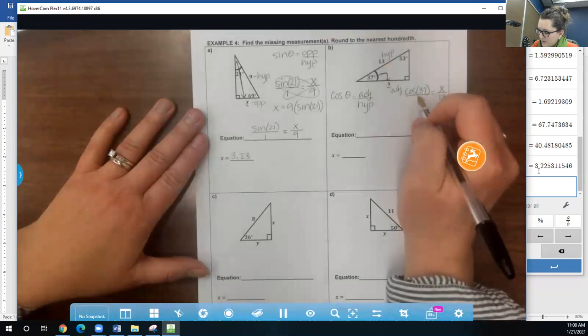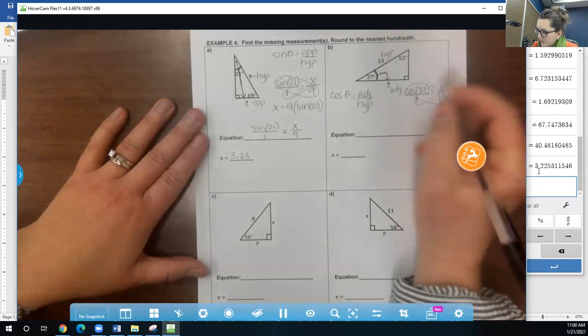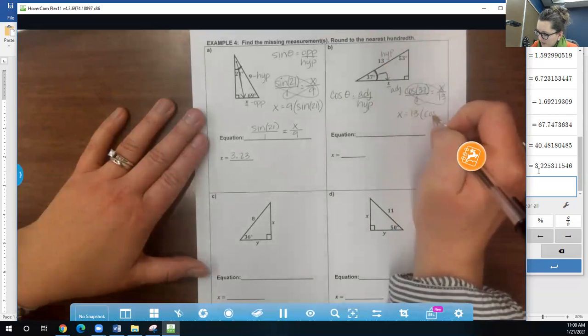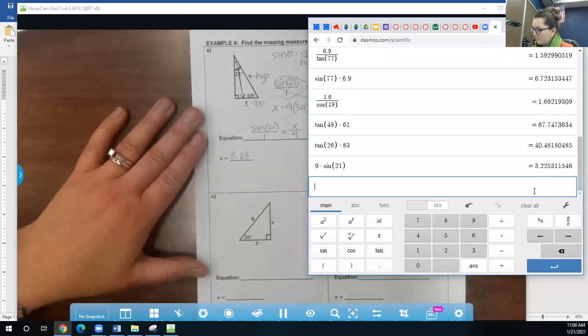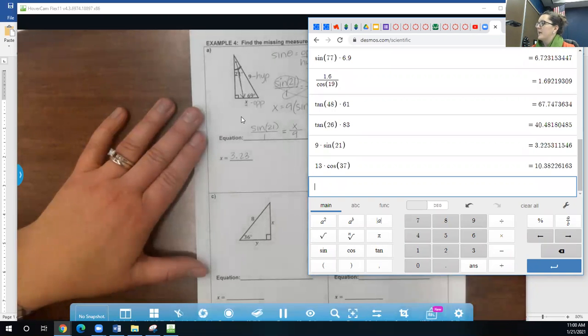Equal proportions, I'm going to put this over 1 and cross multiply. So I have x equals 13 times cosine of 37. Let's plug this in the calculator and see what we get. 13 times the cosine of 37. We get 10.38.